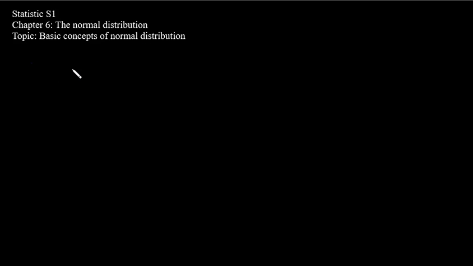So first of all, for random variables, I mentioned before that we have two kinds of random variable. One is discrete. The second one is continuous.